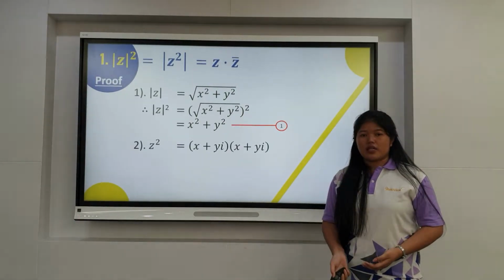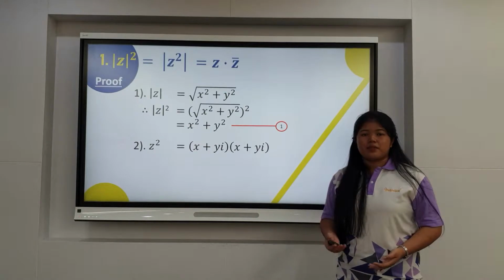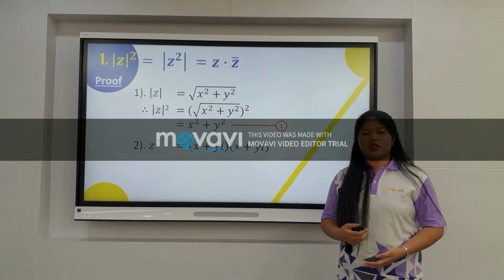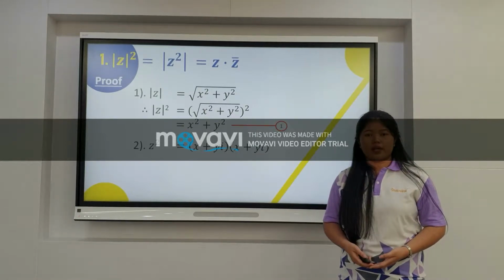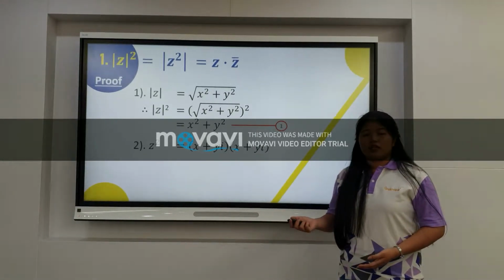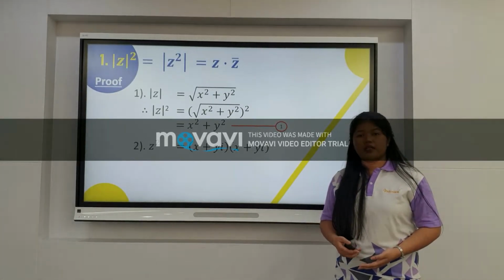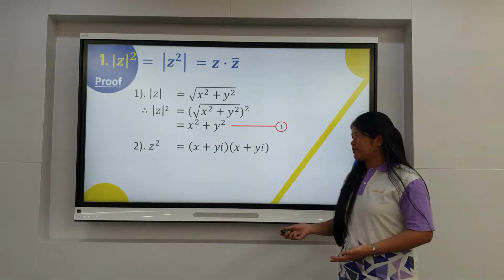And second, we will find the absolute z squared. From the definition again, we know that z equals x plus yi. So z squared equals x plus yi times x plus yi.